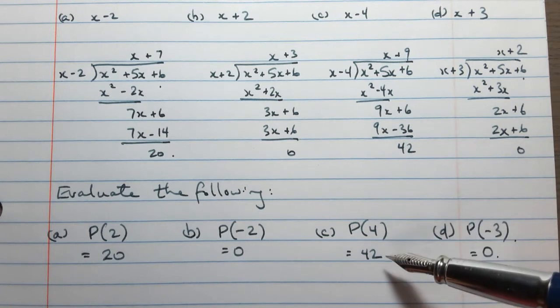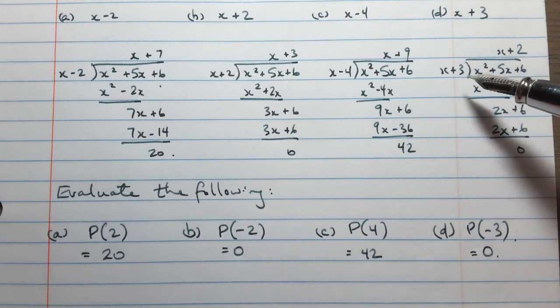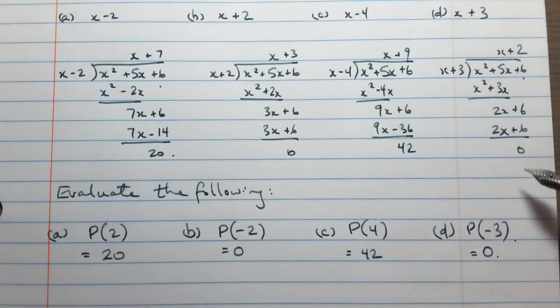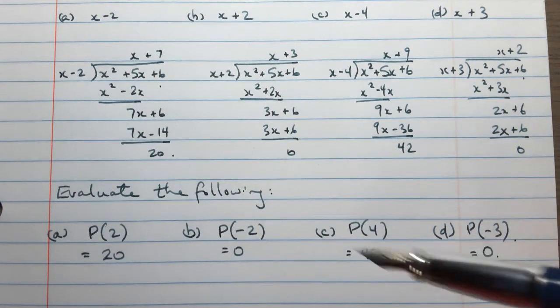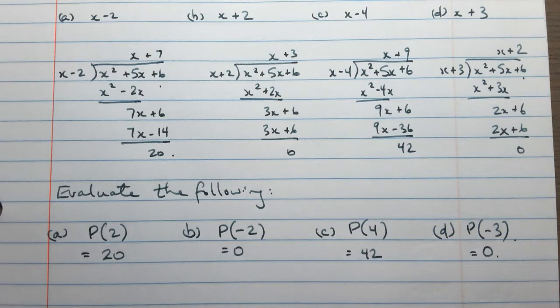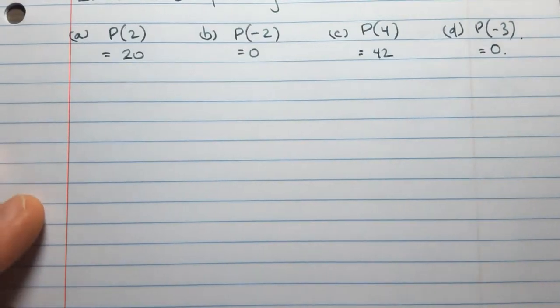P at positive 4, positive 42. X plus 3, remainder of 0. P at negative 3 also gives 0. And this pattern is true all of the time. And this leads us to the very cool remainder theorem.